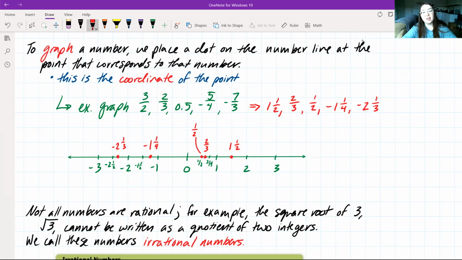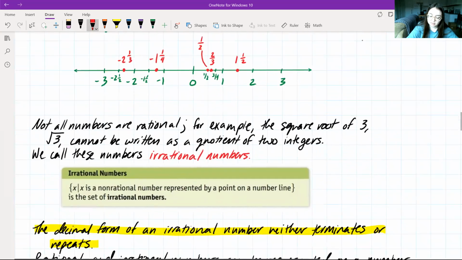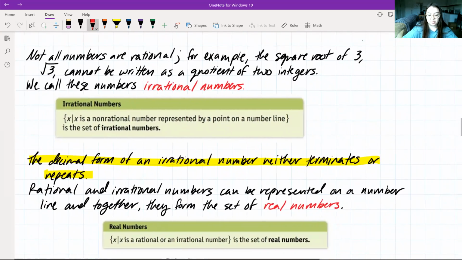All right, so we've plotted some values on our number line. Each one of these values that we've plotted would be our coordinates. So moving forward, not all numbers are rational. For example, the square root of 3 cannot be written as the quotient of two integers, and we call these numbers irrational numbers.